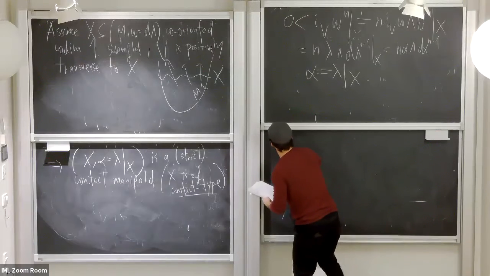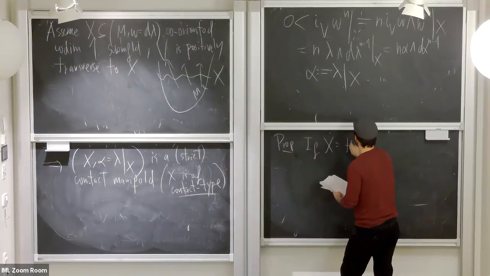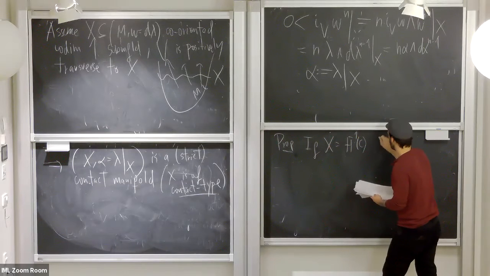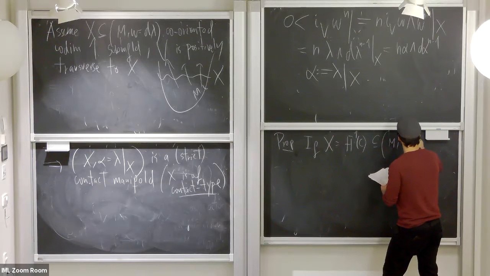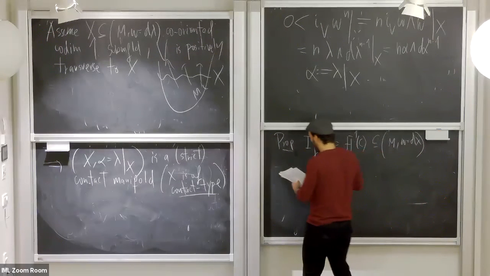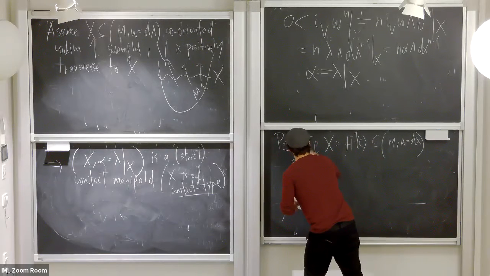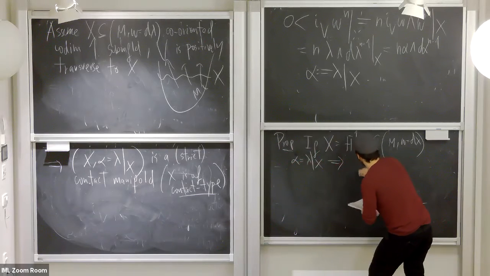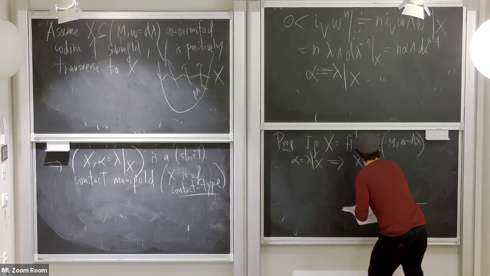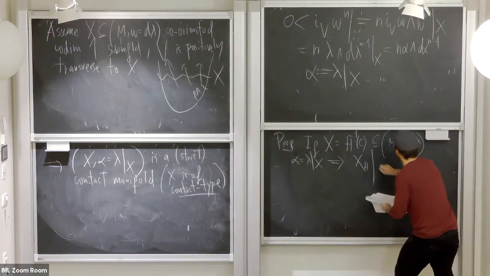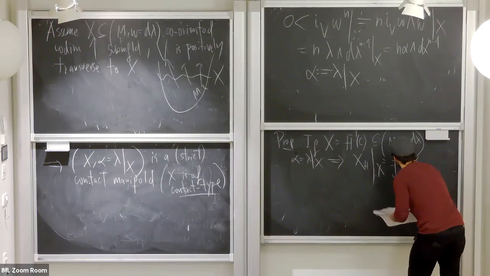The proposition: if X is a level set of a Hamiltonian inside a symplectic manifold, i.e., if (X, alpha) is of contact type, then, if alpha is lambda restricted to X, the Reeb vector field is a reparametrization of the Hamiltonian vector field. So the Hamiltonian vector field of H restricted to X is some positive function times the Reeb vector field of alpha. This is strictly positive.